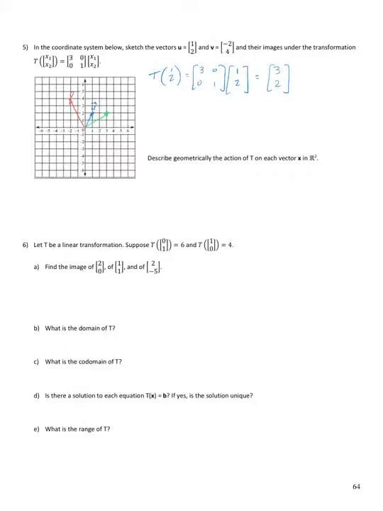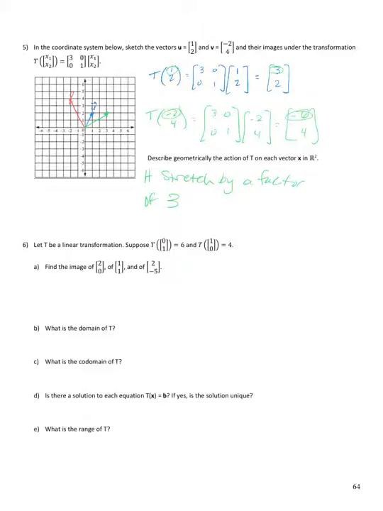Okay, then I also want to do T of v. V is -2, 4. So I do 3, 0, 0, 1 times -2, 4. And you get -6, 4. So what's happening is that my x coordinate is tripling. So this is a horizontal stretch by a factor of 3.